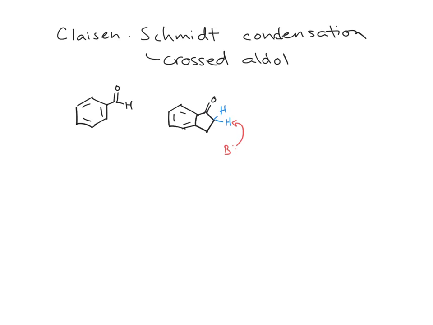For as weak of a base as you can get, those are the most acidic protons in this whole mixture of both compounds. And so if the base deprotonates there, then we have formed the indenone carbanion, resonance stabilized, like so.